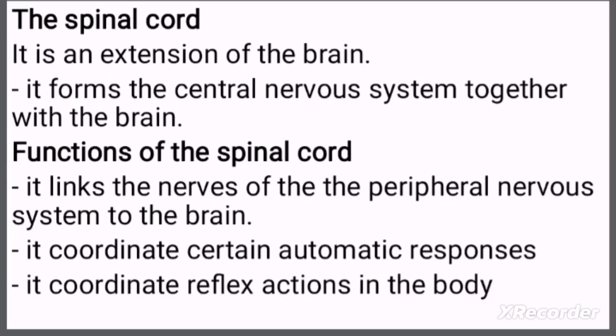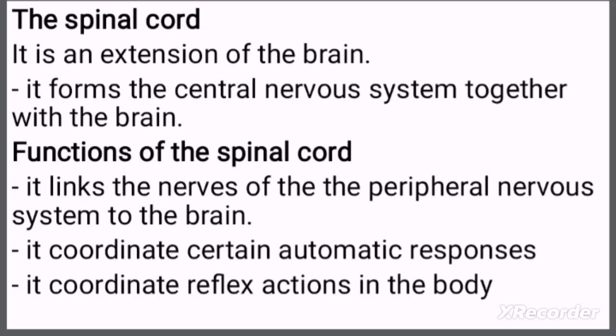The spinal cord. So the spinal cord is an extension of the brain. It forms the central nervous system together with the brain. So here are the functions of the spinal cord. One, it links the nerves of the peripheral nervous system to the brain.